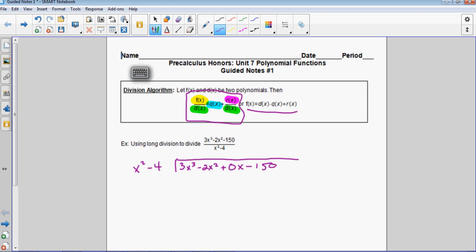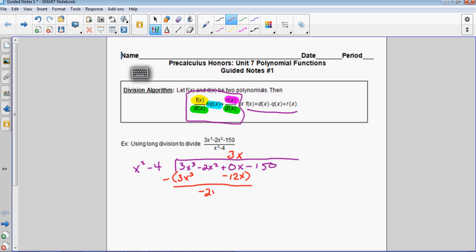So when you're dividing, just look at the first terms, 3x cubed divided by x squared, and that's 3x. Then multiply 3x times x squared minus 4, we get 3x cubed minus 12x. And then you subtract.